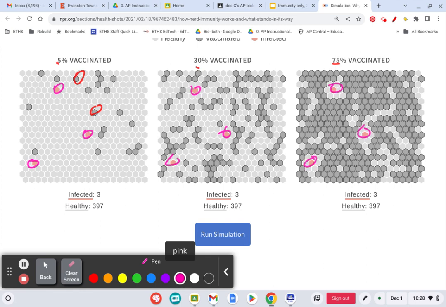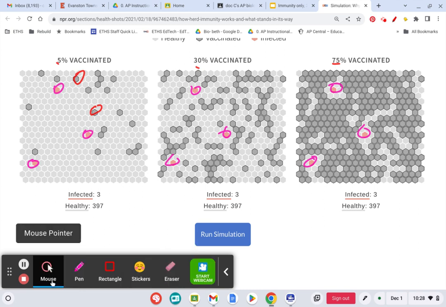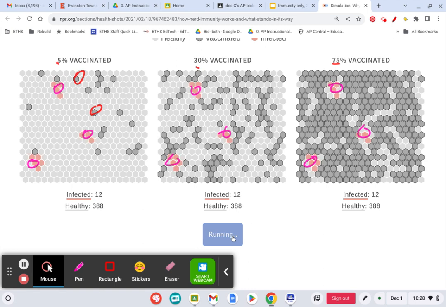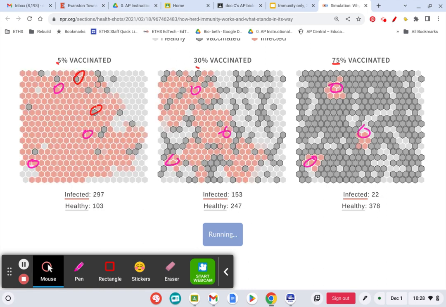So this is a simulation to show what happens if a certain percentage of the population is vaccinated. Ready? Wait, got to go back. All right, here we go. Oh, sad face. The Community one is like screwed, right? Yeah.